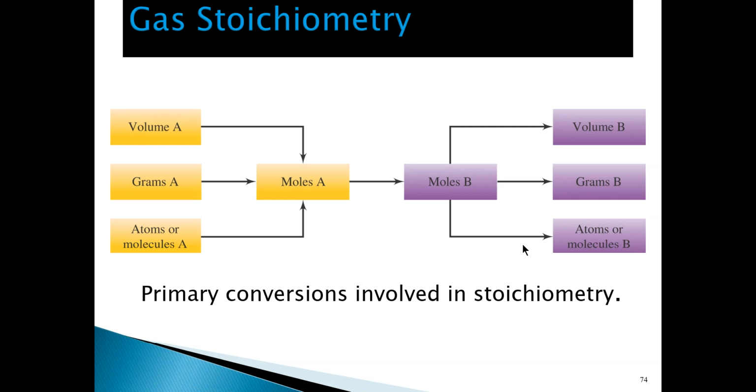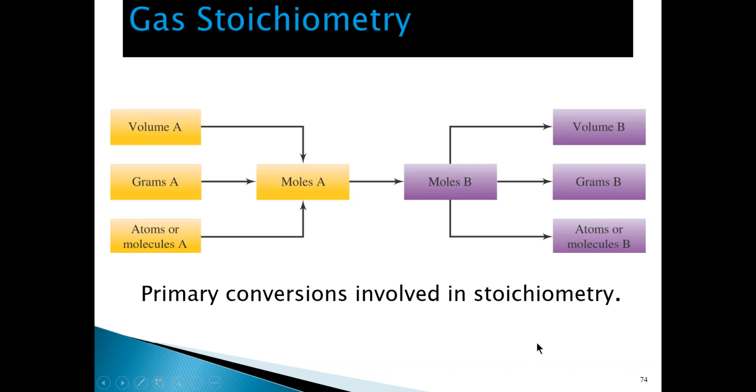In any case, you need to get the number of moles because, based on the balanced equation, you can convert the moles of A to the moles of any other substance involved in the reaction, which would be represented by B. The conversion factor going from here to here is based on the mole ratio as given in the balanced equation, which again underscores the importance of having a balanced equation to begin with.